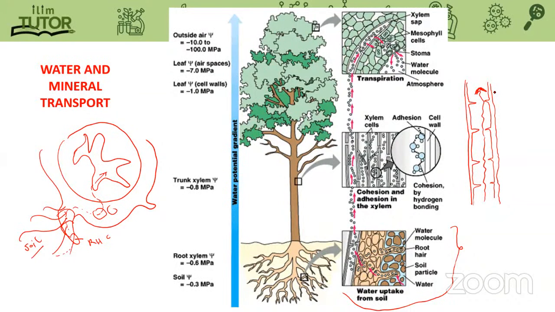We talk about things like capillary action. We talk about things like the force of adhesion. We talk about things like the force of cohesion. And most importantly, we talk about transpiration pull.